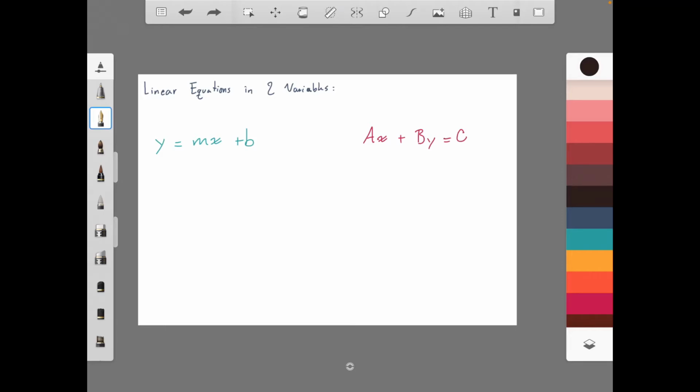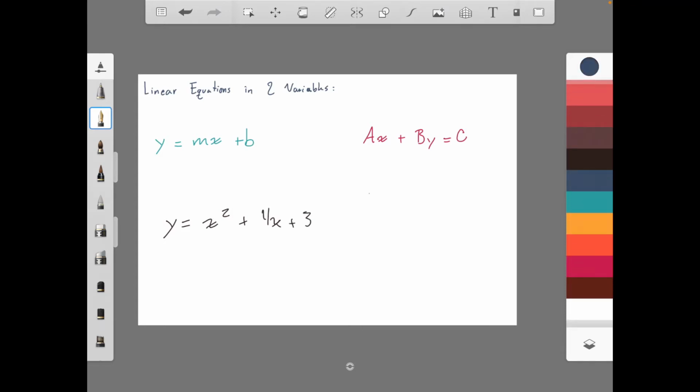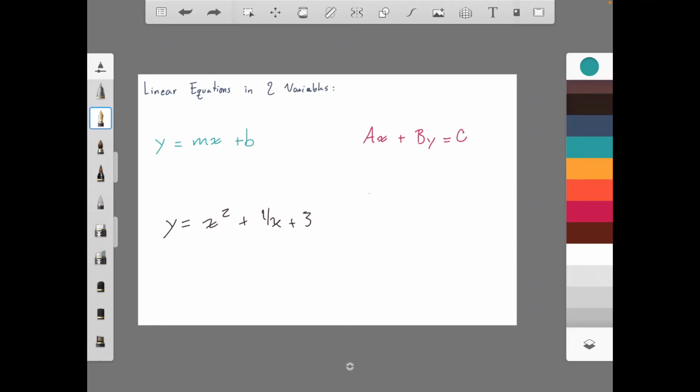For example, y is equal to x squared plus 4x plus 3. This is not a linear equation in two variables because of the squared over here. We can't have squared terms on this, so this is not a linear equation in two variables.